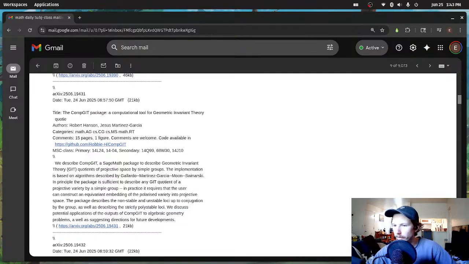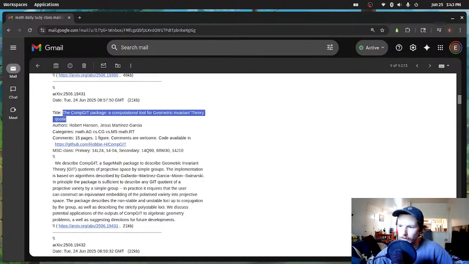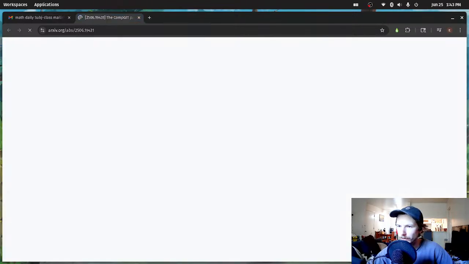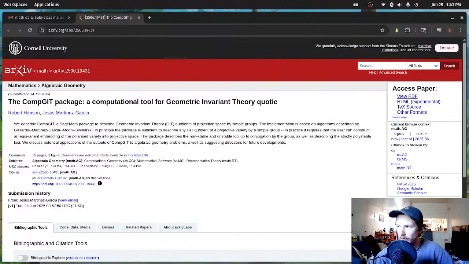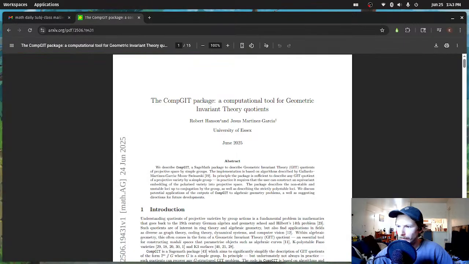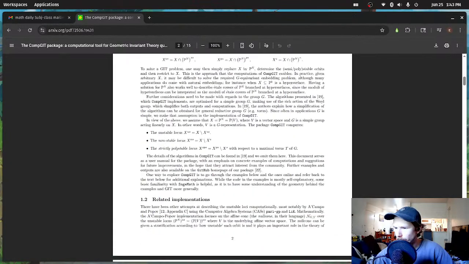I like the principle of this archive post, just the compgit package, a computational tool for geometric invariant theory quotients. Okay, just ends a little bit early.